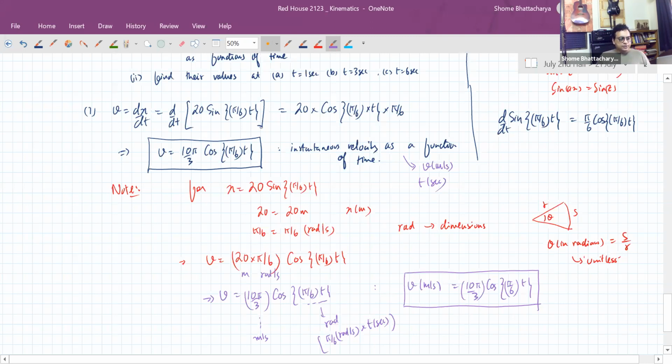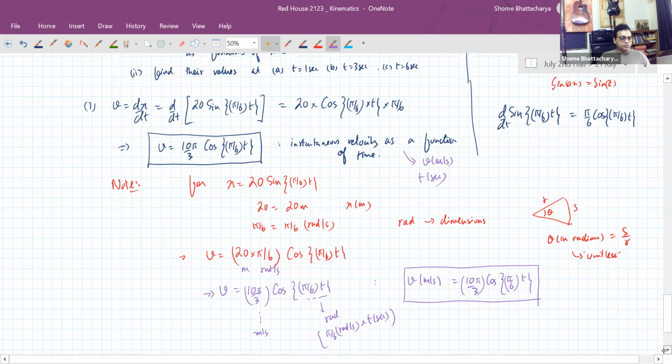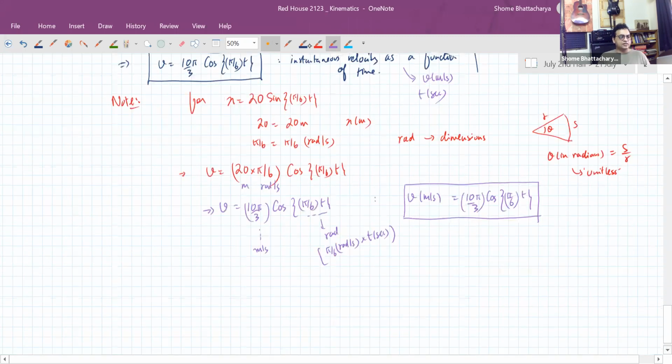So we will come back to V to calculate its value at all these times in the second part. But before that, let's continue ahead and find the acceleration.